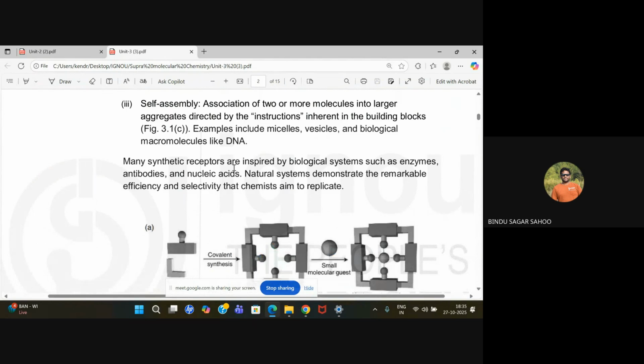Most of supramolecular chemistry we get from nature, or analyze from biological systems or artificial synthesis. These are available in small amounts, but we can observe most biological processes going through these supramolecular complexes, particularly in enzyme interaction, antibody interaction, or nucleic acids.